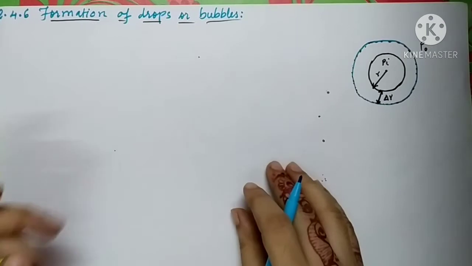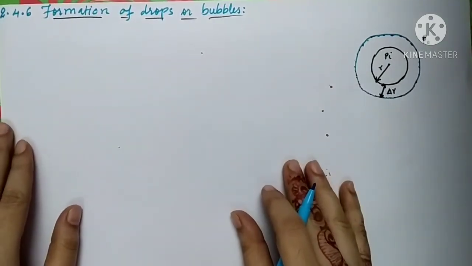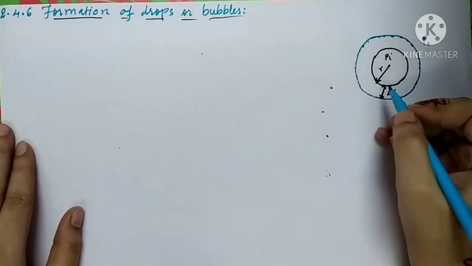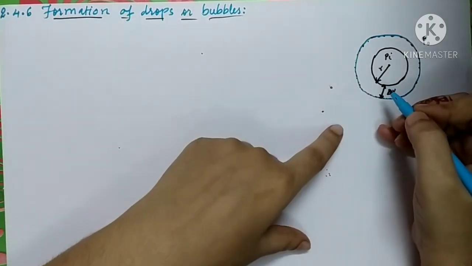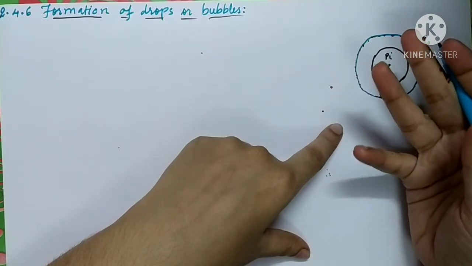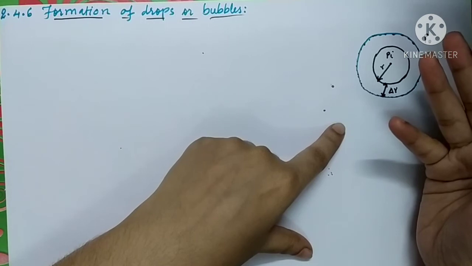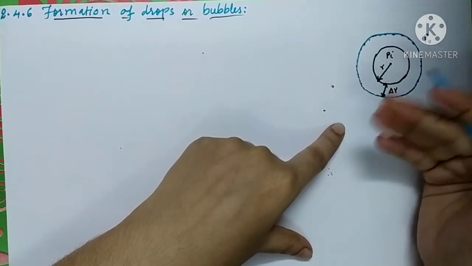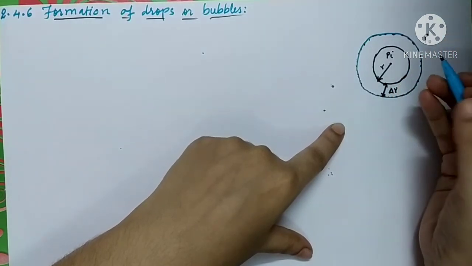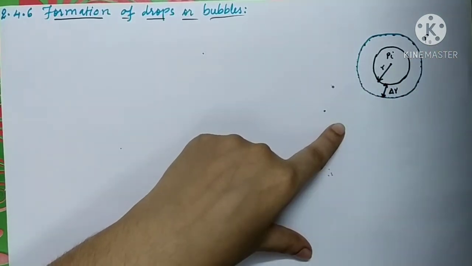Why do they maintain their shape? Because the pressure inside the liquid drop or soap bubble is higher than the atmospheric pressure. Then it will be able to survive. Why does it not collapse? Because the excess pressure inside the liquid drop will not let the drop collapse.